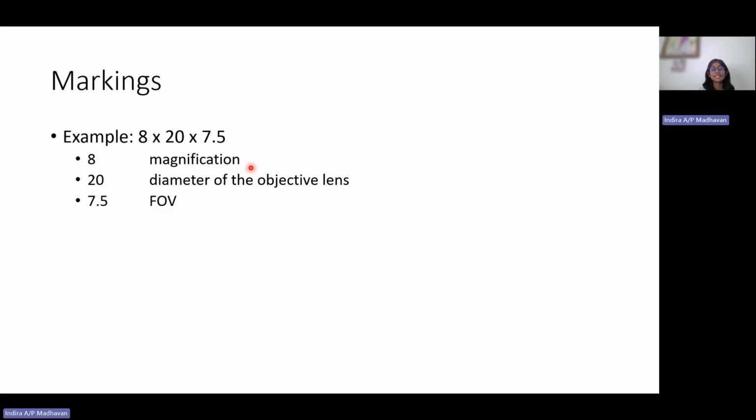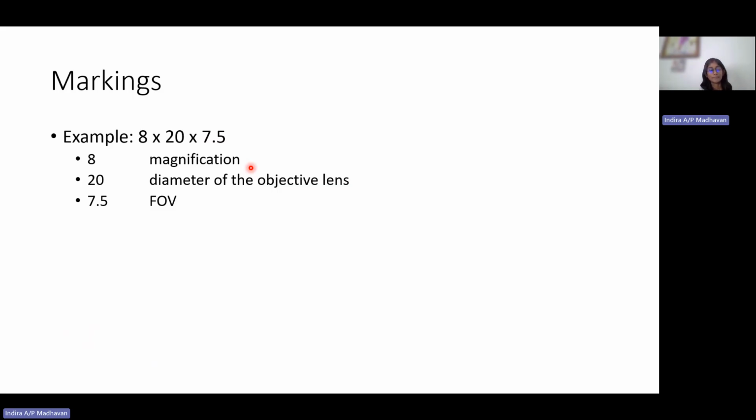The second number stands for the diameter of the objective lens, in millimeters. And the third reading is the field of view, the space that the patient is able to see through this telescope.